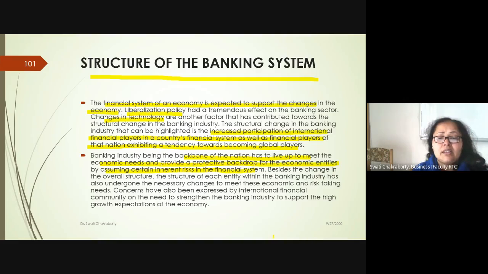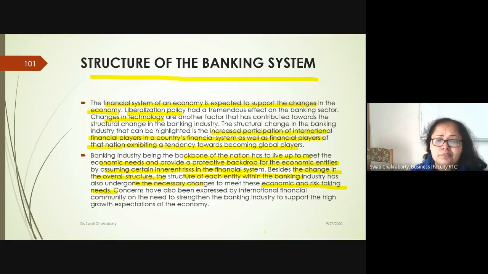Besides the change in the overall structure, the structure of every entity within the banking industry has also undergone these changes, not just the industry as a whole but everyone who is part of that industry, in order to meet these economic needs and risk-taking needs.